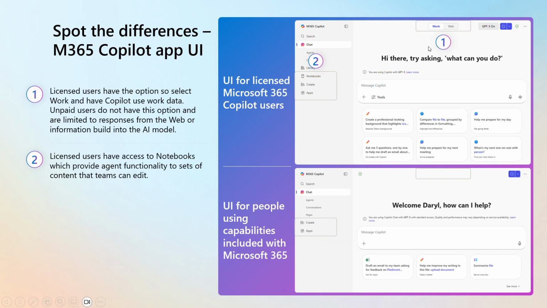So for the licensed users, there are two options present, the work and the web. The difference between the two options is that when the user presses the work option, it means that Copilot is using the internal documents of the organization or company that the user has uploaded, and then it generates the response using those documents. For example, if an employee is querying about the company's internal policy for leave, then Copilot will use the information present in the documents uploaded in the Copilot of that specific company, because each company has different leave policies.